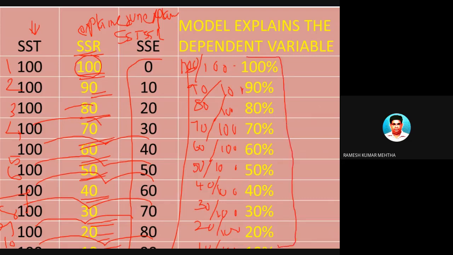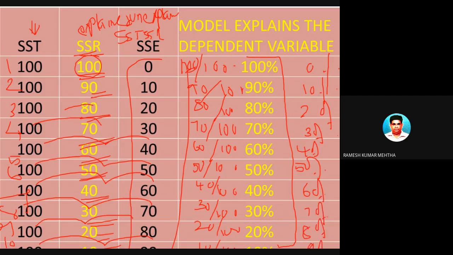So the opposite of explained is unexplained. So unexplained is 0, then 10 percentage, 20, 30, 40, 50, 60, 70, 80, and 90 percentage.